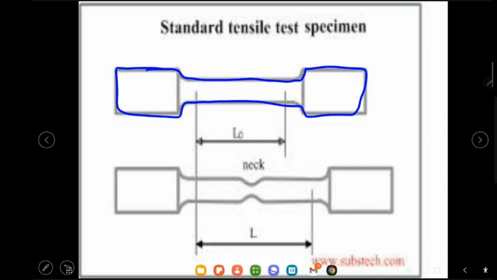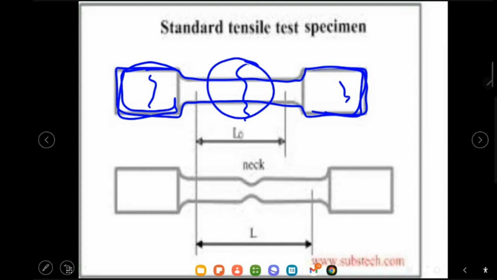We want to design the specimen like this because we need it to fail in this region, but not at the region where the machine grabs our specimen. So we purposely make it bigger and thicker so that it will not break at the grips. That's why we can get the result approximately at the middle.